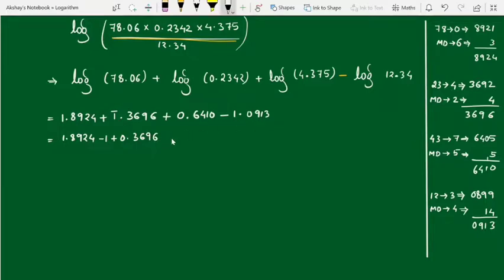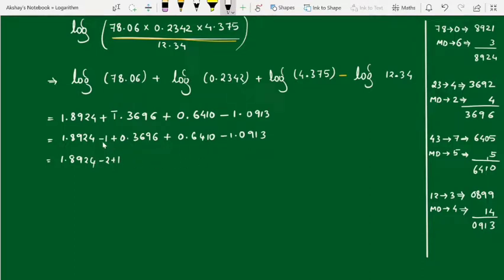Next, these two terms as it is again, plus 0.6410 minus 1.0913. Now if you solve from this statement, that is also accepted, but actually the standard method is this: we have to break this minus 1 and write it as minus 2 plus 1 and remaining all terms as it is.